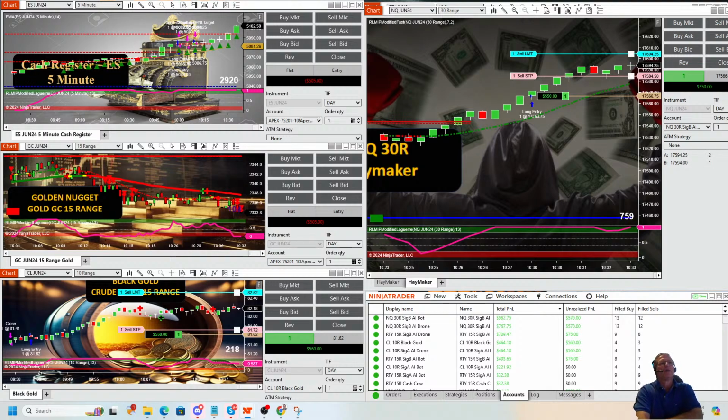And it tightens it up even further. We don't want to give back 50 ticks, but the way we have it configured now, it'll give back 40 once we're within 40 ticks.